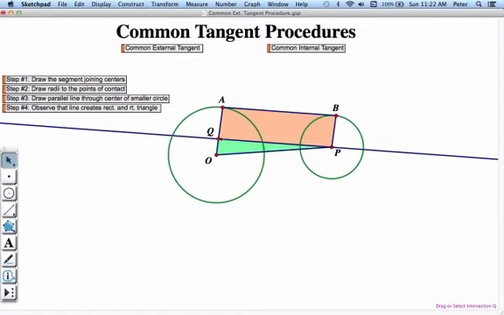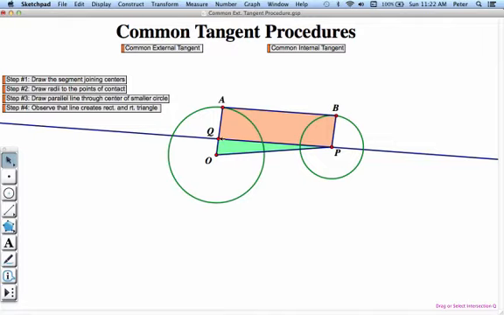As I'll show you in a tutorial, we then have enough information to solve for this right triangle OQP, and we can find out whatever information we need from there. But be very careful. The right angle is always at the Q. There's a tendency to put it at the center of the larger circle. It's never there. It's always here at the intersection of the radius and this parallel line you've drawn.